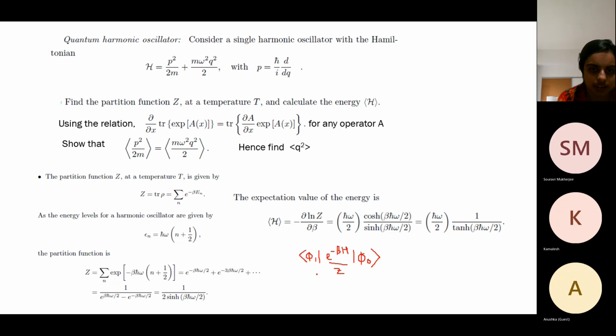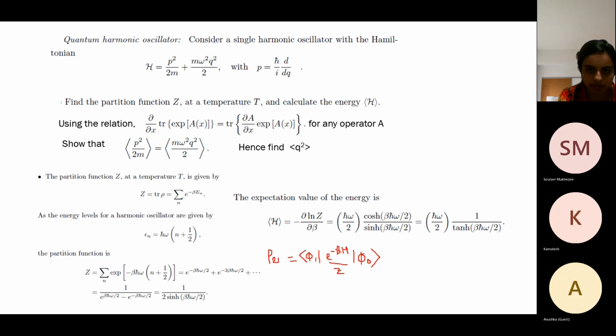So this will give you something like rho 1 0, where the first state is represented by phi 0 and the second state by phi 1. So this is that element.